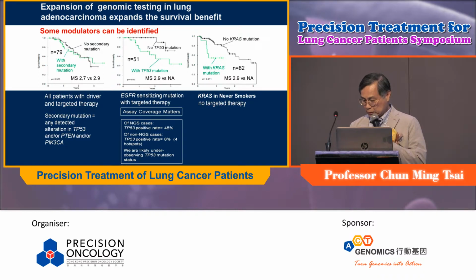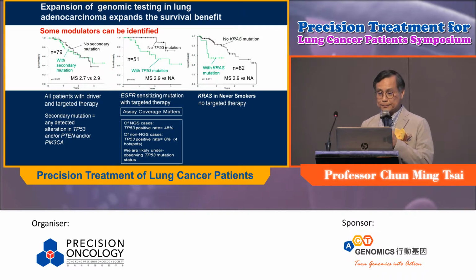For example, if the patient's tumor has P53, then the survival curve is much poorer than for the patient who does not have this kind of associated mutation.